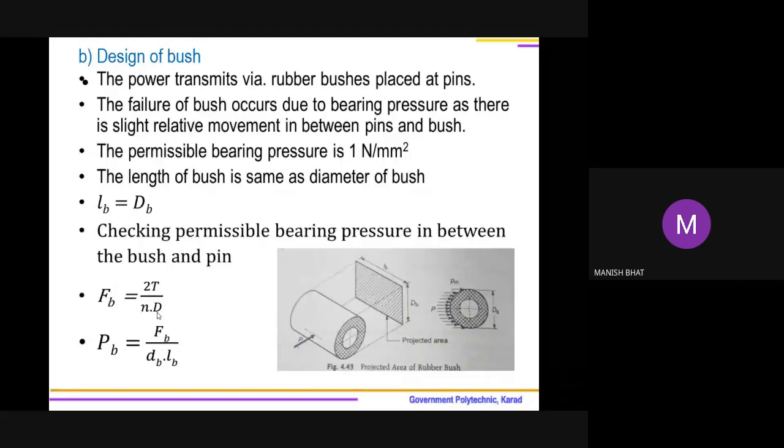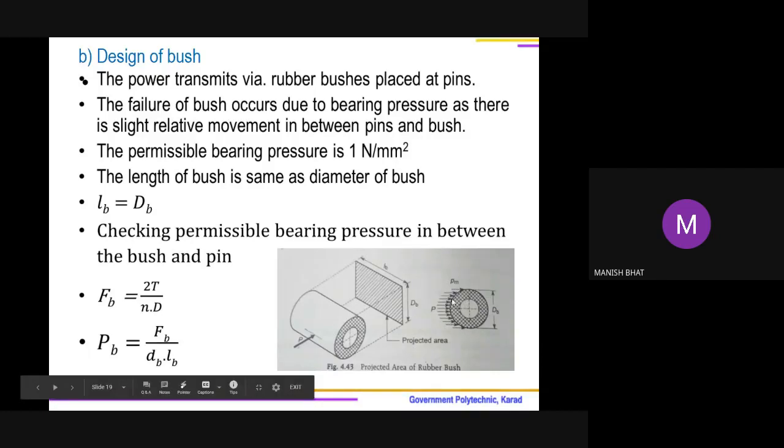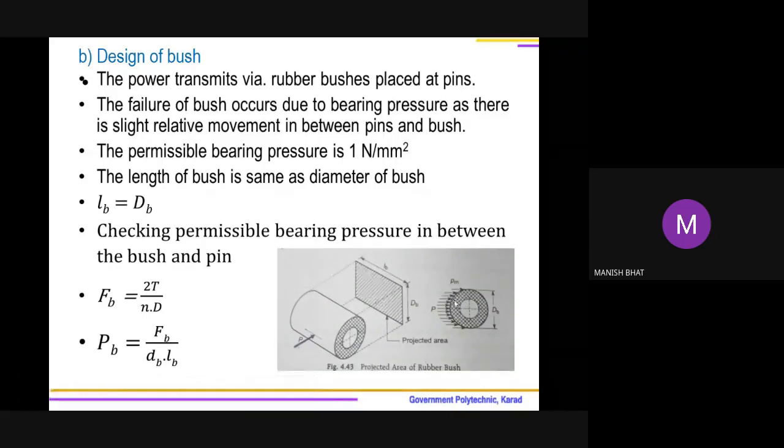How to find the area resisting? For that sake, this diagram from the VB Bhandari book is helping us. This right hand side figure indicates the bearing pressure acting over the bush. So this is the bush, dB is the outside diameter of the bush, and as the bush is placed inside the flange, over this surface area, bearing pressure will be acting. It is indicated by PM, the pressure acting over the surface.